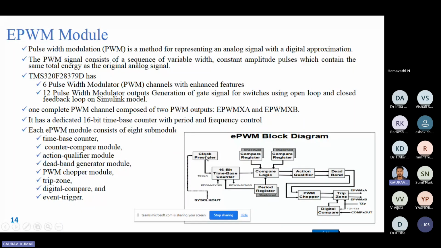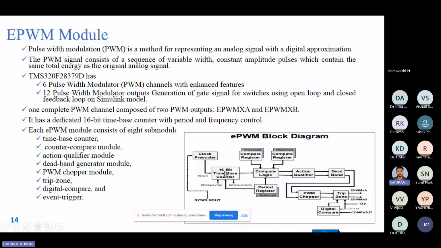The clock prescaler divides the system clock by some fraction and generates the TB clock, which is the prescaled version of the system clock. If the system clock is 200 megahertz and we use a clock prescaler of 1 by 2, it will divide by 2 and the TB clock will be 100 megahertz. So in our case, the TB clock is 100 megahertz.